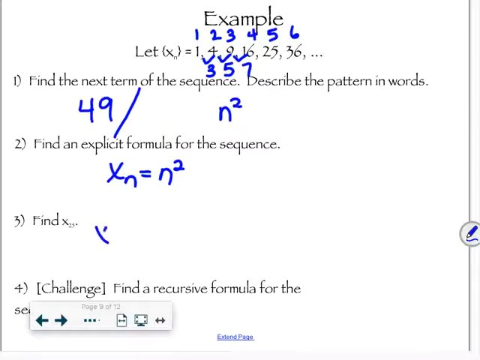So then x sub 25 would be 25 squared. Isn't that 625? All right, and now I'm not going to reveal the recursive formula today. So those of you that want to work on it, you can, and I can tell you tomorrow what it is.